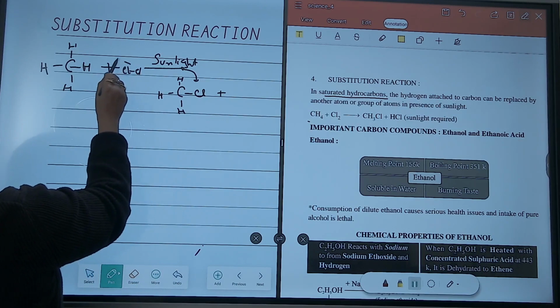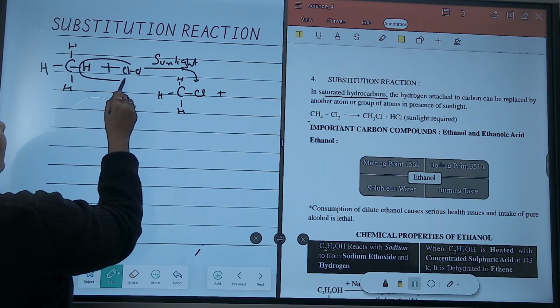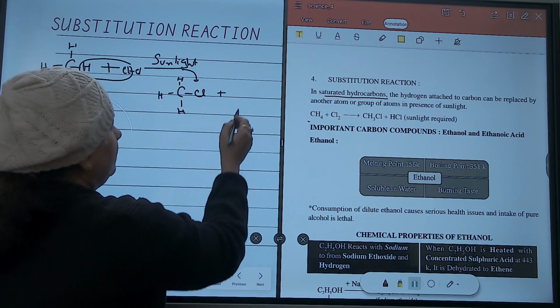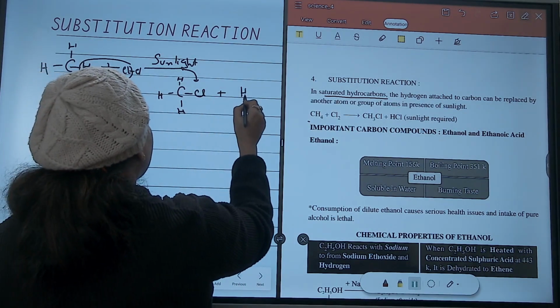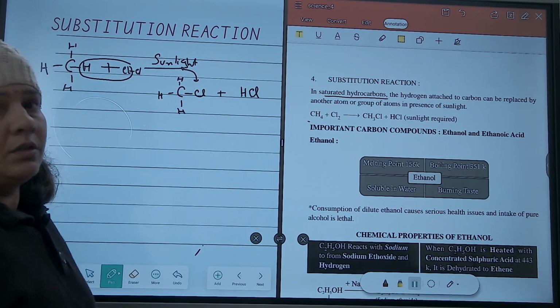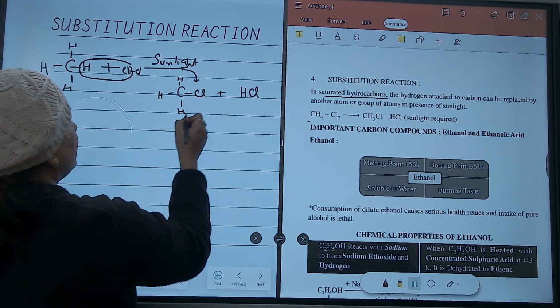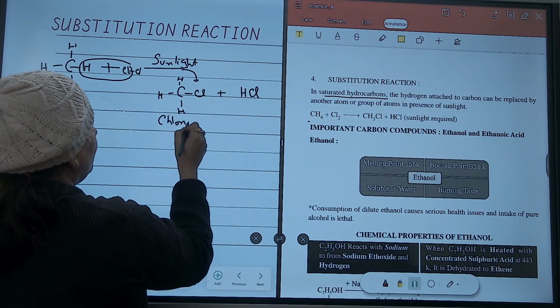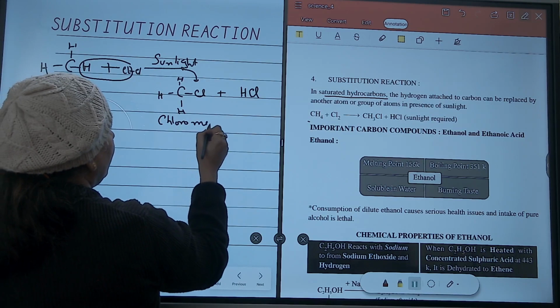This one chlorine atom will combine with the hydrogen atom of the methane to form HCl, and the product that is formed is chloromethane.